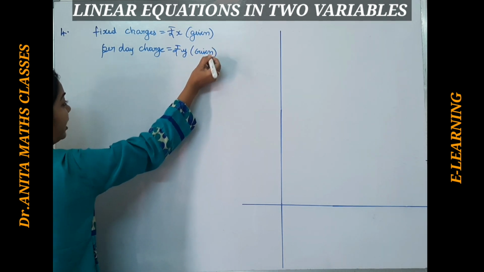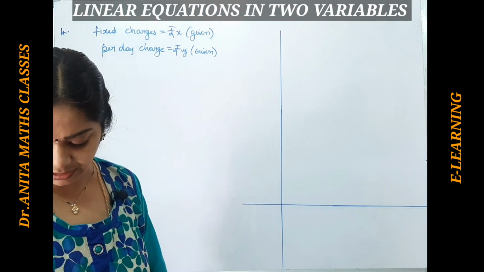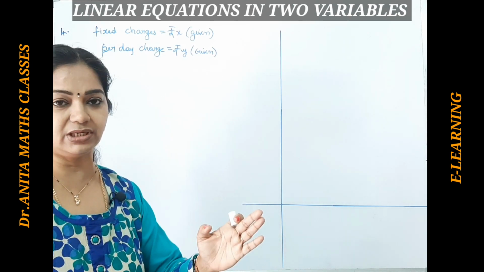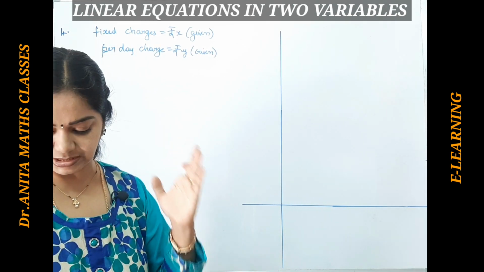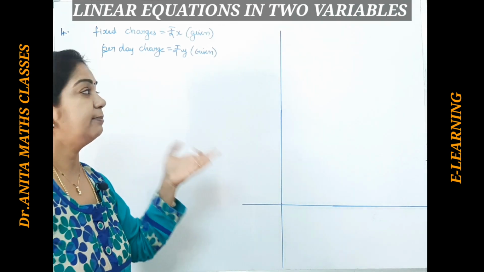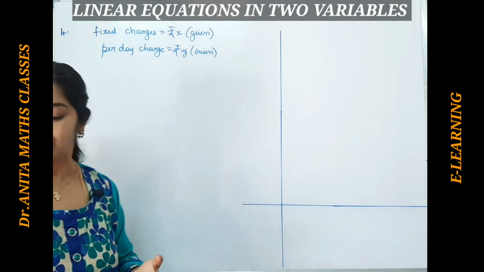So we have to write the linear equation for the situation. The situation is: the first 3 days have a fixed charge, and an additional charge for each day is paid thereafter. The total John paid for borrowing the book was rupees 27.